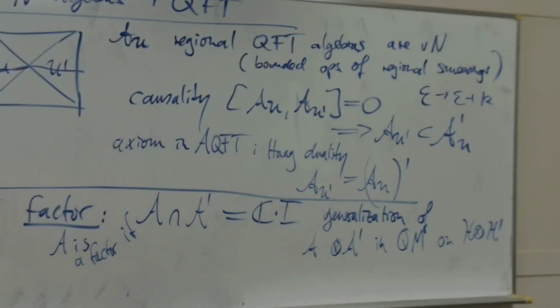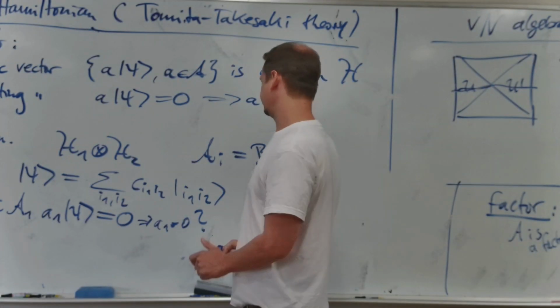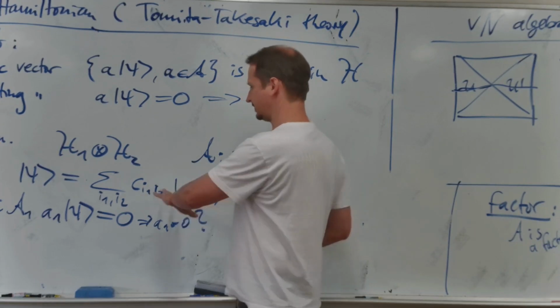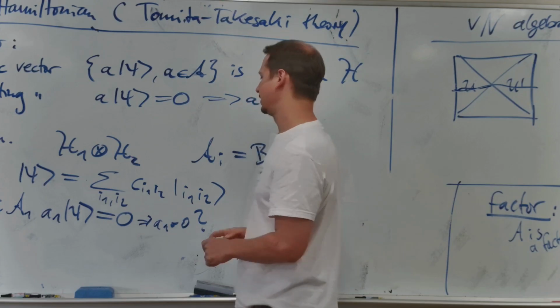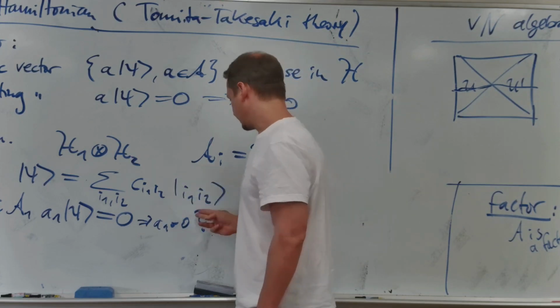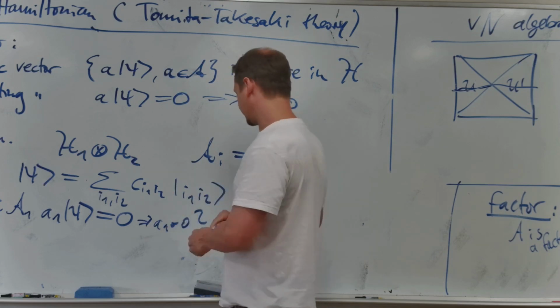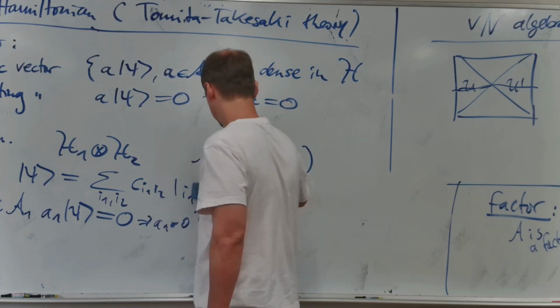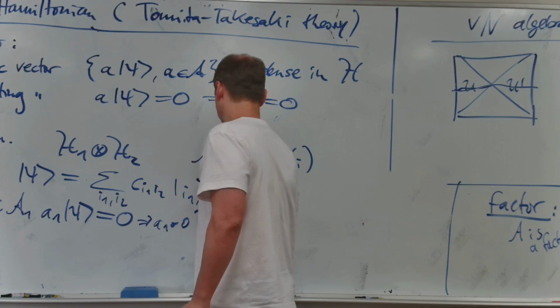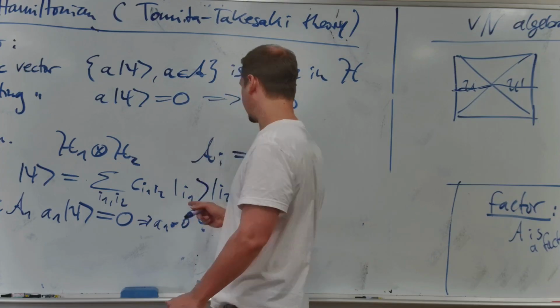And here, when you look at this decomposition, a priori, of course, I can have arbitrary coefficients. But really, A1 is only going to act on the first part of this state, only on this factor.